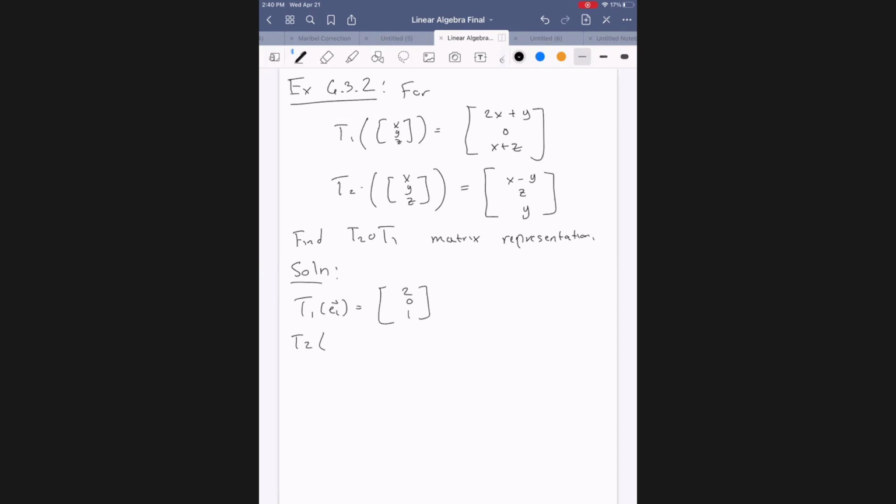Not T2, we're still on T1. So plug in 0, 1, 0, which gives 1, 0, 0. And then T1 of E3, 0, 0, 1.